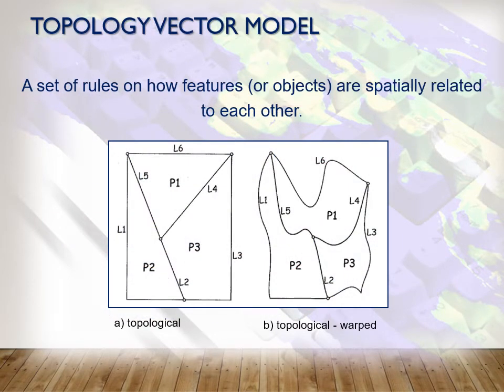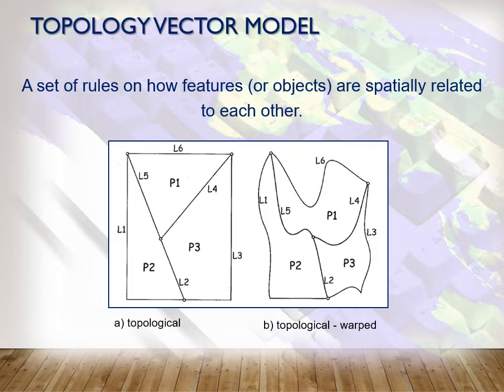Another advantage, and I shouldn't say another, this was part of the last slide, a little bit better handling of topology is one big advantage of vector data. What is topology? Again, topology is something you will look into a lot more in GIS 33. Essentially, there are a set of rules on how things are spatially related.